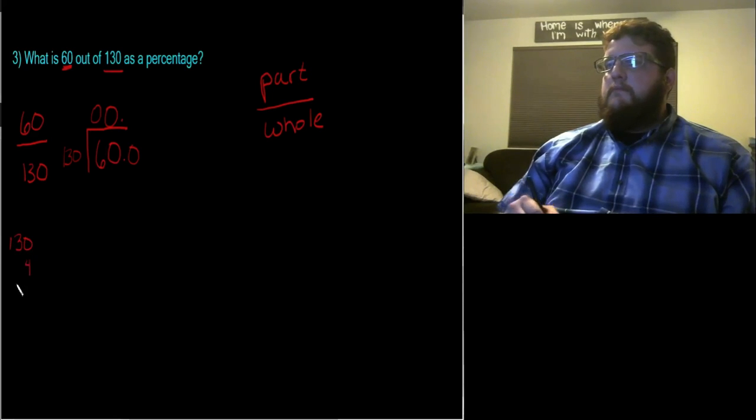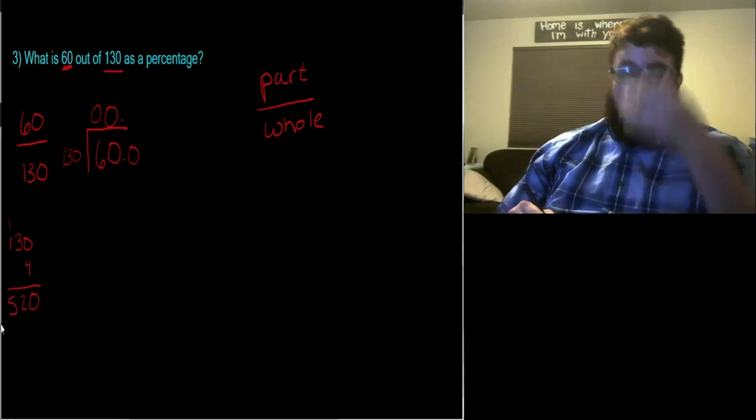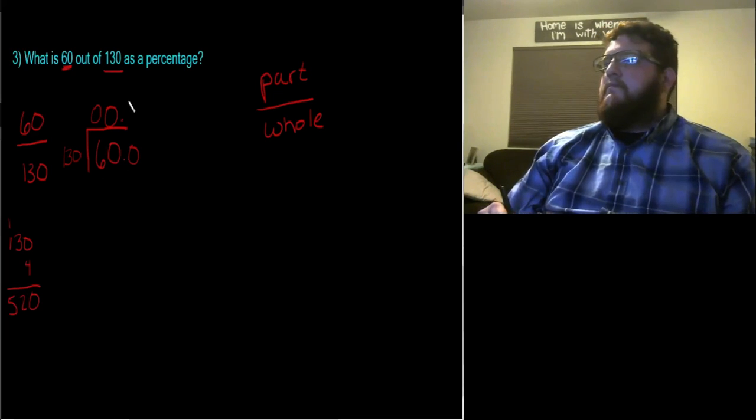Now 130 times 4, because 4 is our estimation, gets us 520. That's pretty close to 600. We couldn't fit in another 130, so we'll go with that. Put the 4 there, put the 520 here, and we'll subtract. Should leave us with 80.